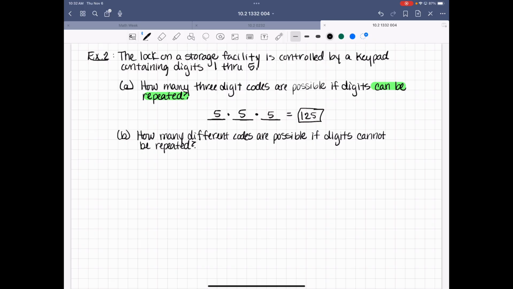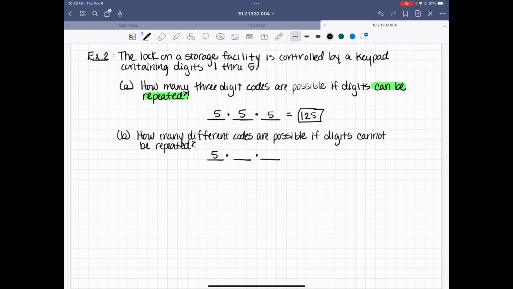Okay, so this time we cannot repeat the digits. So we've got our slots again. In that first slot, what are my possibilities? I have 5 again, right? I can pick 1, 2, 3, 4, 5.